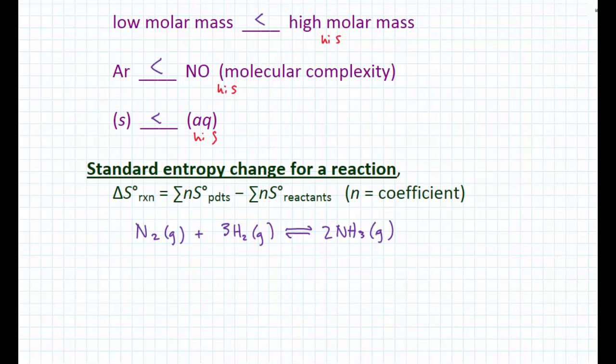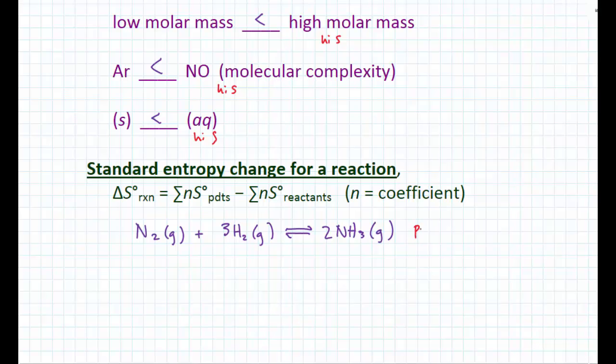So just based off of number of moles of things, and especially since they're all gases, we don't have any condensing happening here, would you predict this to be an increase or a decrease in entropy, going from reactants to products? A decrease. Yeah, this would be a decrease in entropy, right?